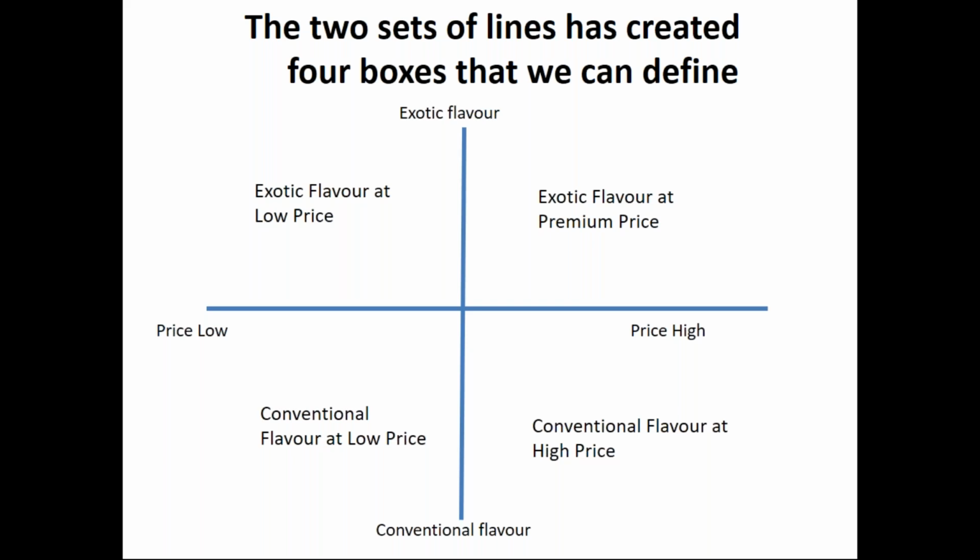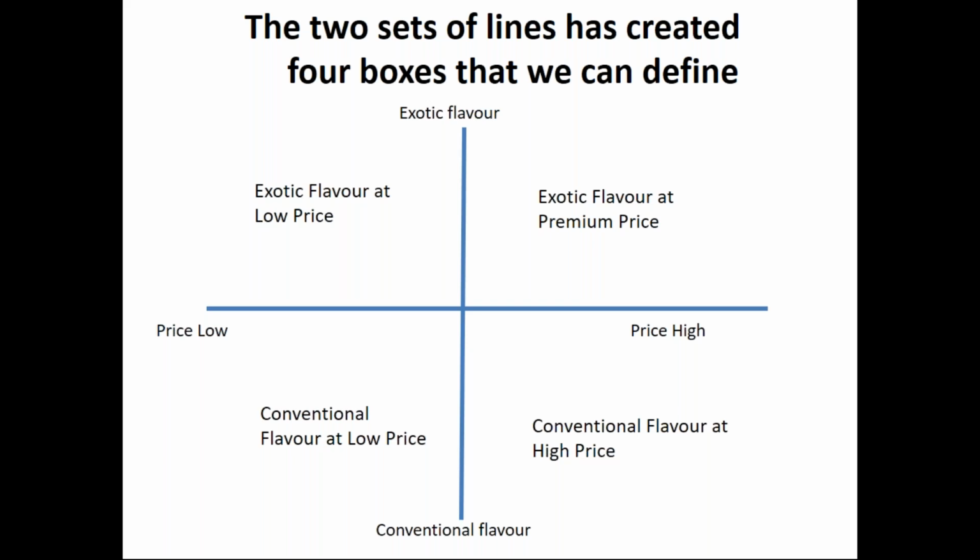So what this gives us is, in the upper left-hand corner, exotic flavor at low price. This makes sense because we're high on the exotic flavor side of the vertical axis and low on the price part of the axis. Over on the opposite side, in the upper right quadrant, it's still exotic flavor because we're still at the top of the axis, but we're now at the high or premium price side of the price line.